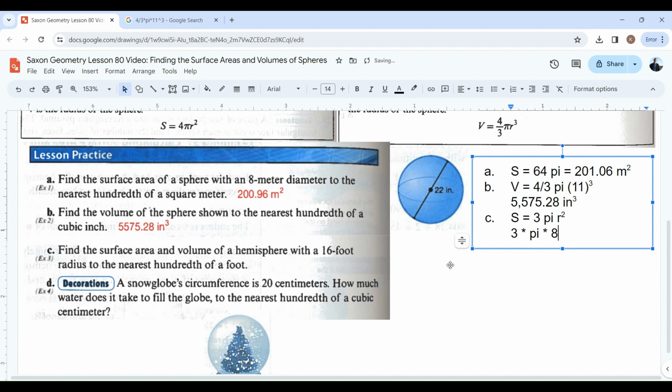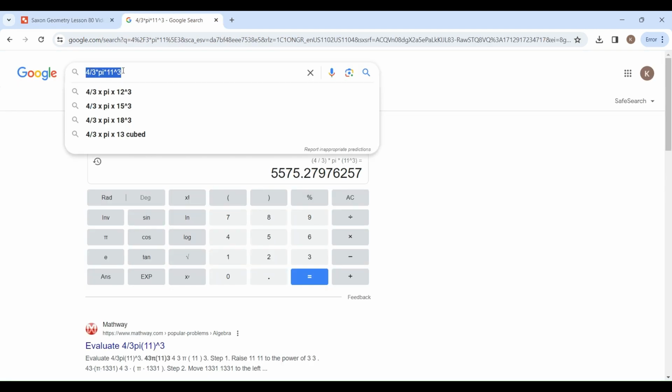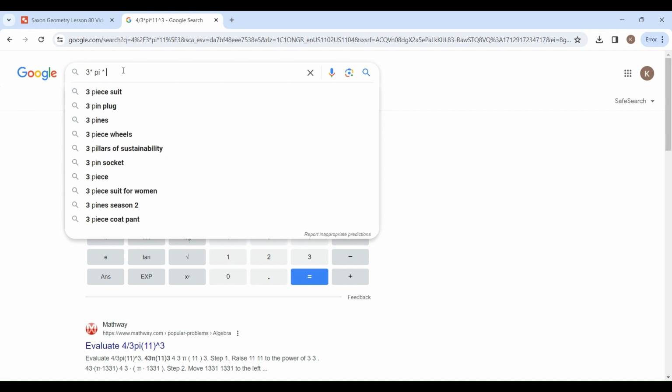I'm going to leave it in 16 because it's the radius already. It's not a diameter. Read the problems carefully. 16 squared. Okay, and let's see if that gives us the right answer. 3 times pi times 16 squared.